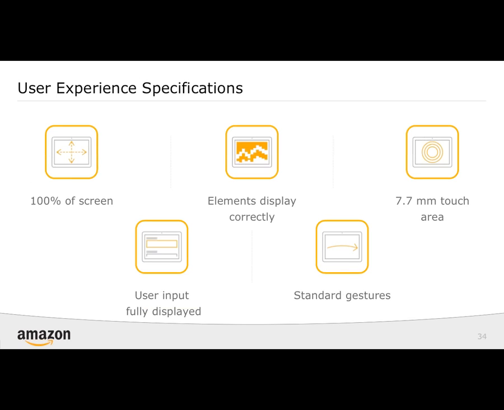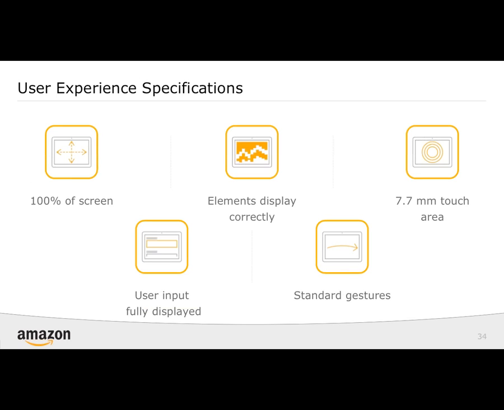That looks really unprofessional. And if it's really bad, for example, if it's taking up less than 80% of the screen because it's letterboxed, we'll probably reject that app based on a bad user experience.